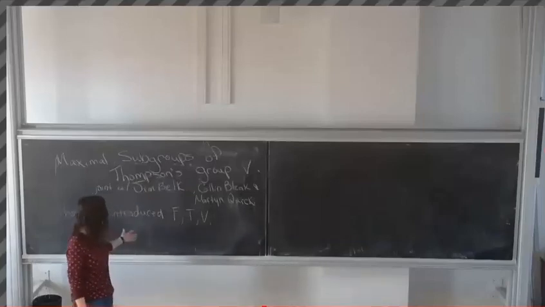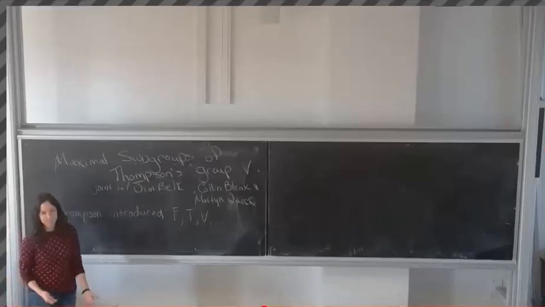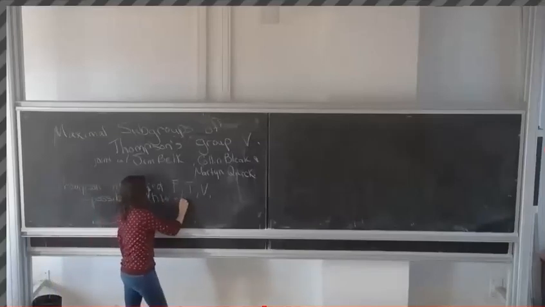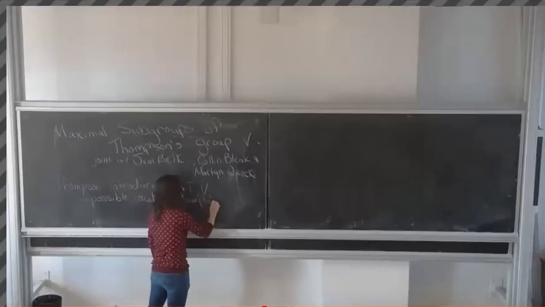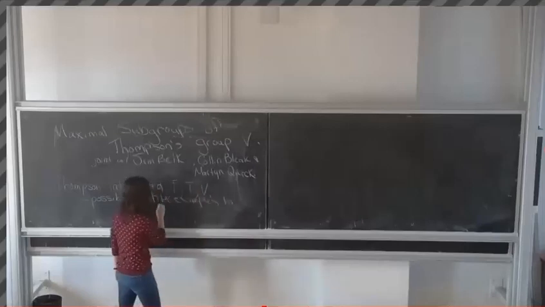But historically, a lot of the reason people have studied F, T, and D, if you think about the questions people are asking, is that they're about the subgroup structure. So for instance, when Thompson introduced them, he introduced them as possible counterexamples to the von Neumann conjecture.